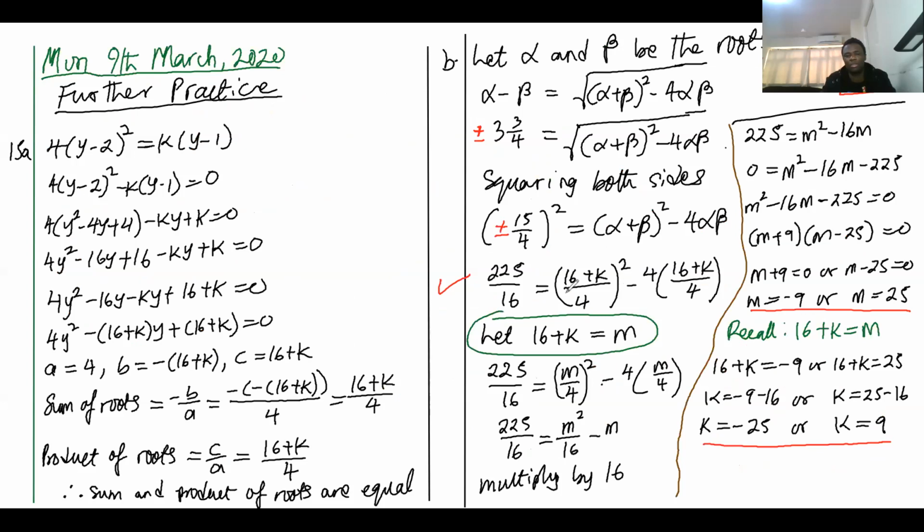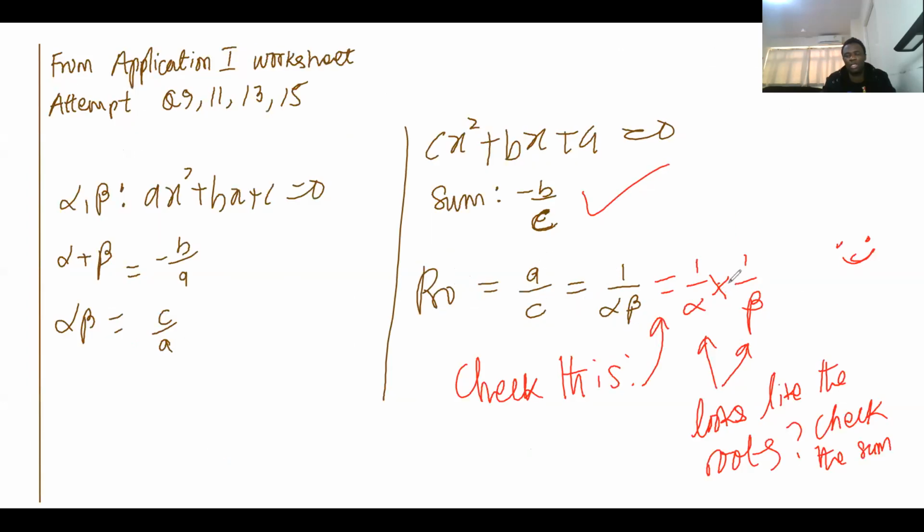From the product, you could see that easily, like I said earlier. 1 over alpha beta, you have 1 over alpha and 1 over beta. Are these the roots? Come to the sum and check. If you can add them together and you are able to get minus b over c, then yeah, maybe they are the roots. Try that. Okay?